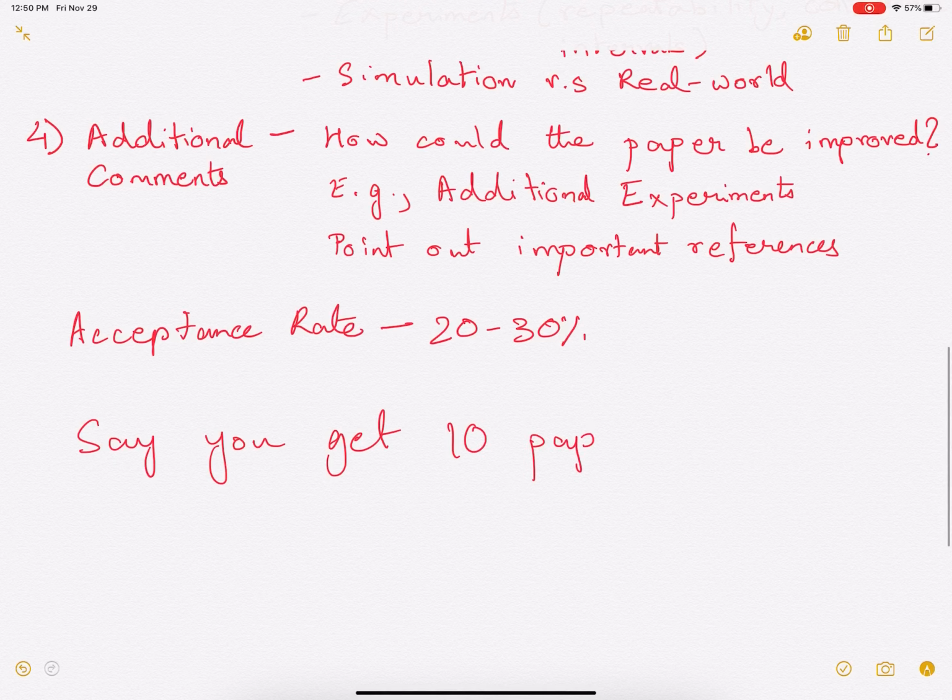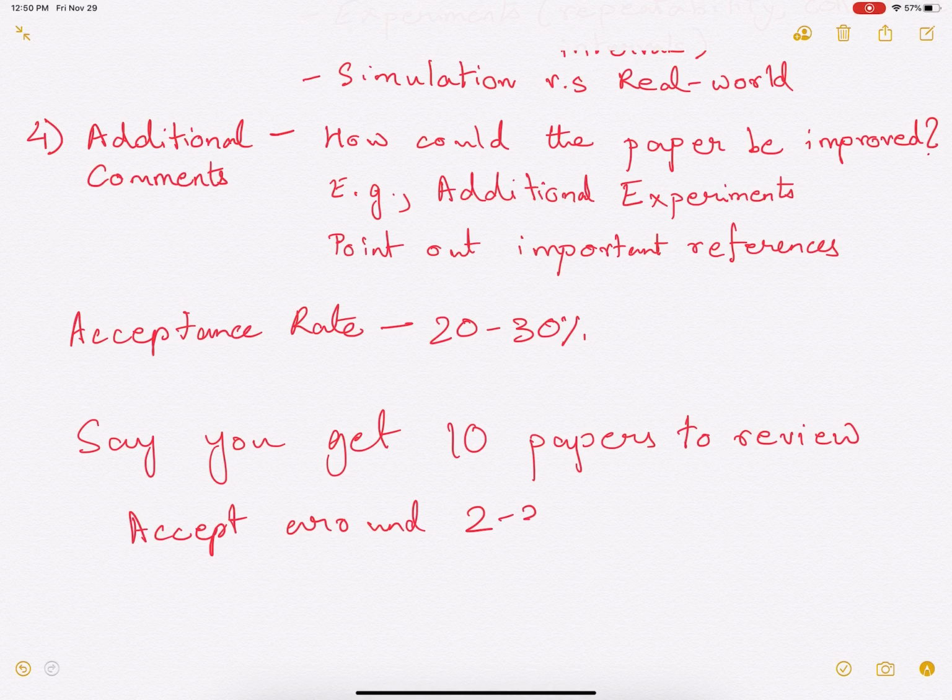That means that to adhere to the acceptance rate of the conference, you can only accept 2 to 3 papers. So that is what you should also try to do. So accept around 3 papers, because this would be in the ballpark of the acceptance rate of the conference.